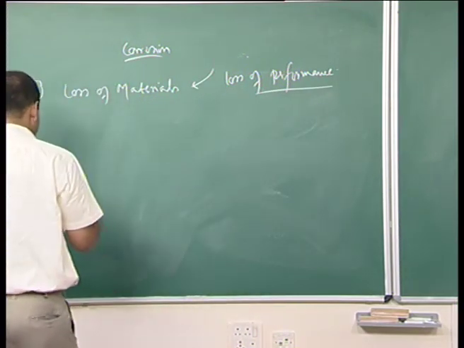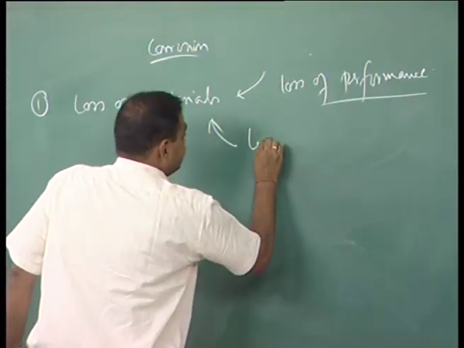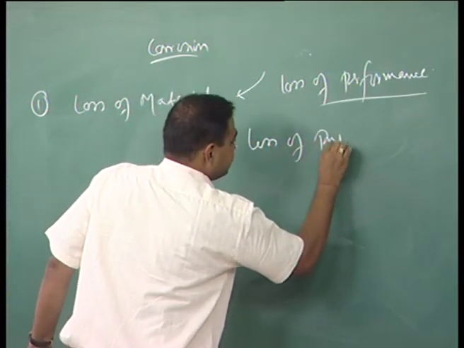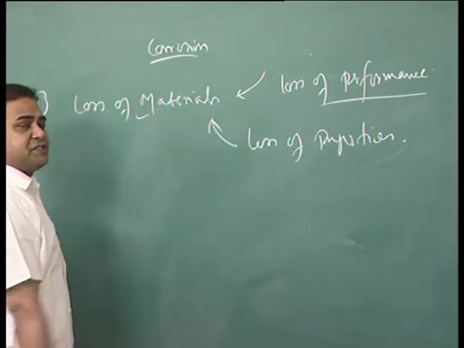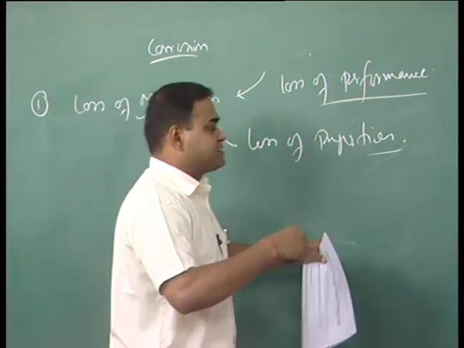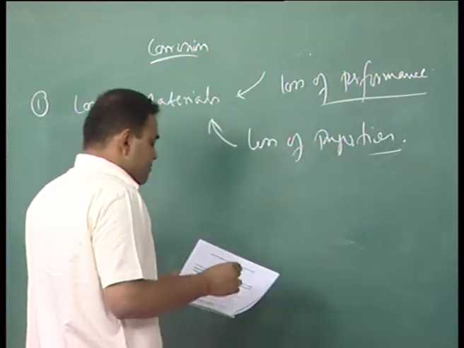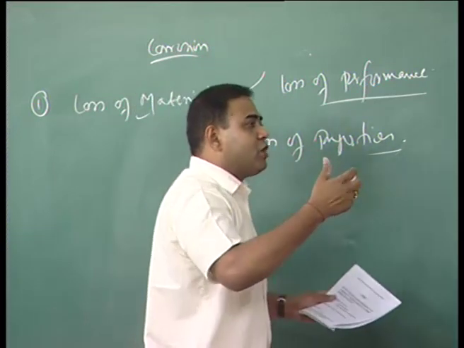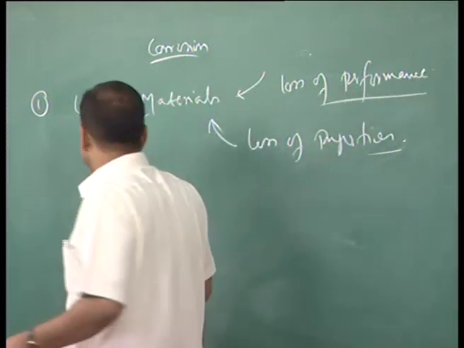Now you can also have loss of properties, either because of loss of materials, or it can be mechanical. Let's say you are having stress corrosion cracking. This is a kind of mechanical factor, mechanical issues, or the material is failing without giving any signal. That is a mechanical failure.